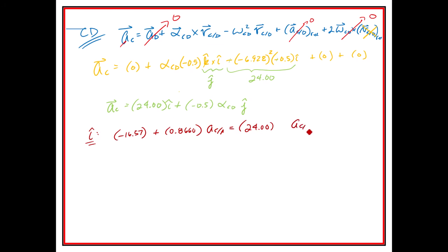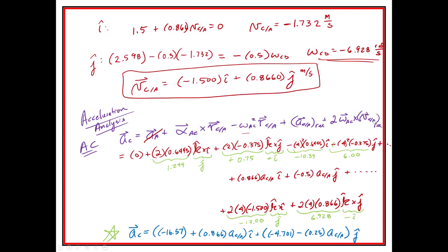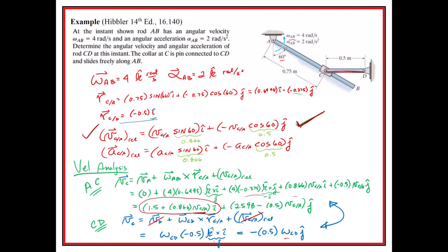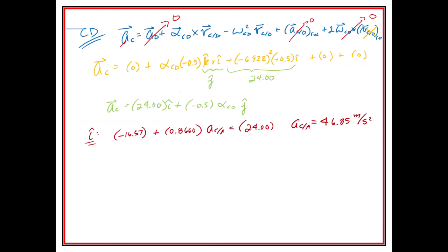We get AC with respect to A is 46.85 meters per second squared. Looking back, even though it's moving in this direction, we decided the relative velocity was moving in this direction, it's getting less and less because we got an acceleration in that direction. That's what that physically means.